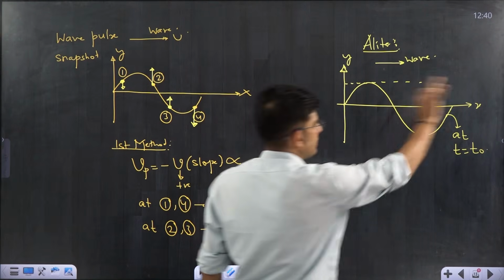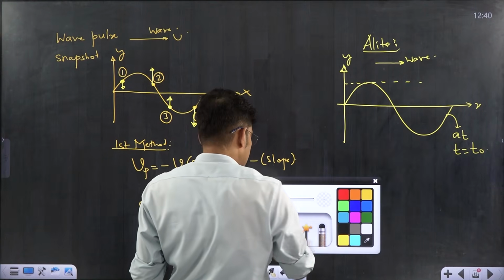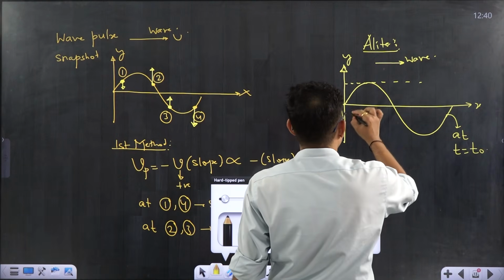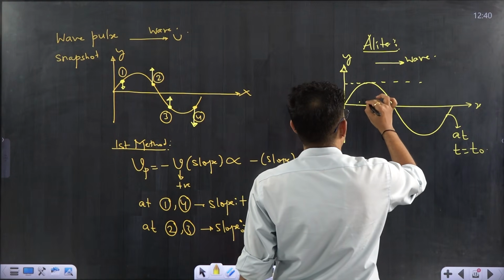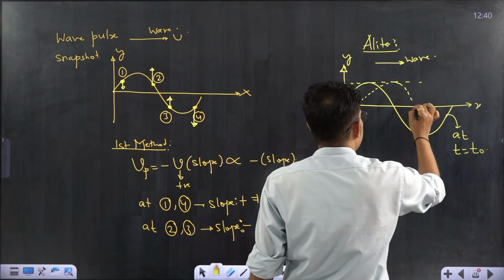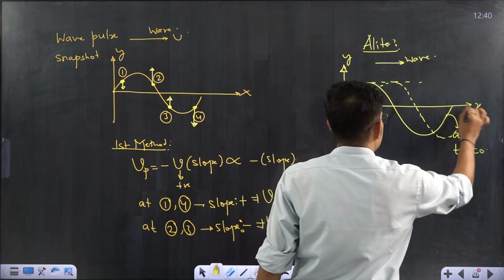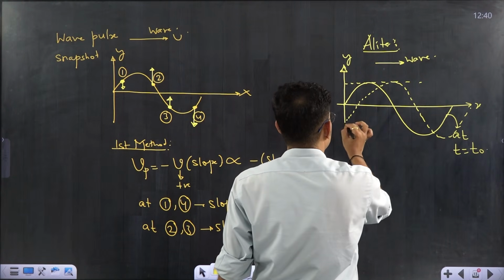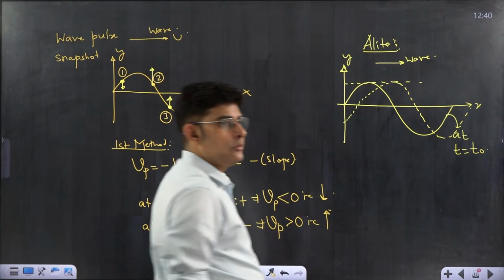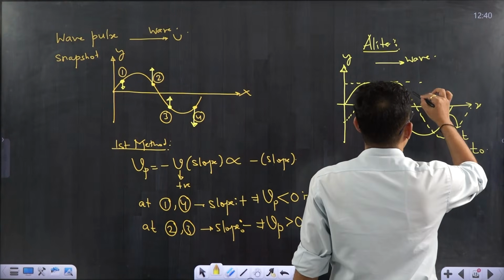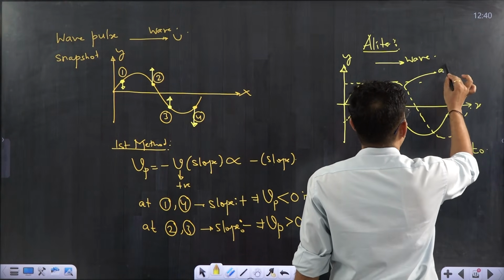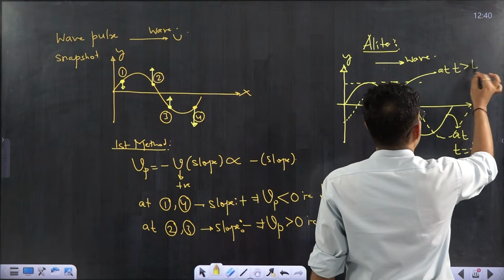So the pulse has to be shifted towards right side. So just shift the pulse to a new position towards right, remembering that shape, peak values, they are not going to change, like this. Can you see? So this dotted graph will represent at time t greater than t naught.